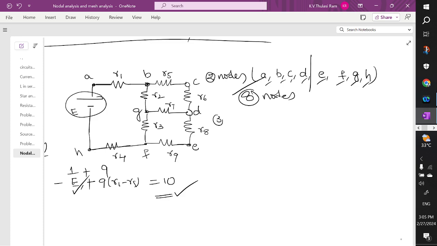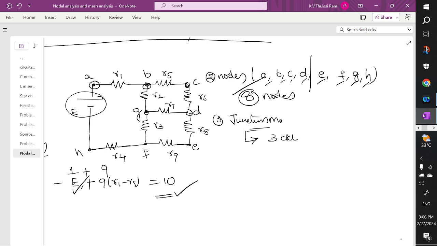Now try to understand junction points. You see this node is connecting two elements, this is a node connecting three elements, this is a node connecting two elements, this is a node connecting three elements. Now we want to identify the junction points which connect three or more circuit elements.